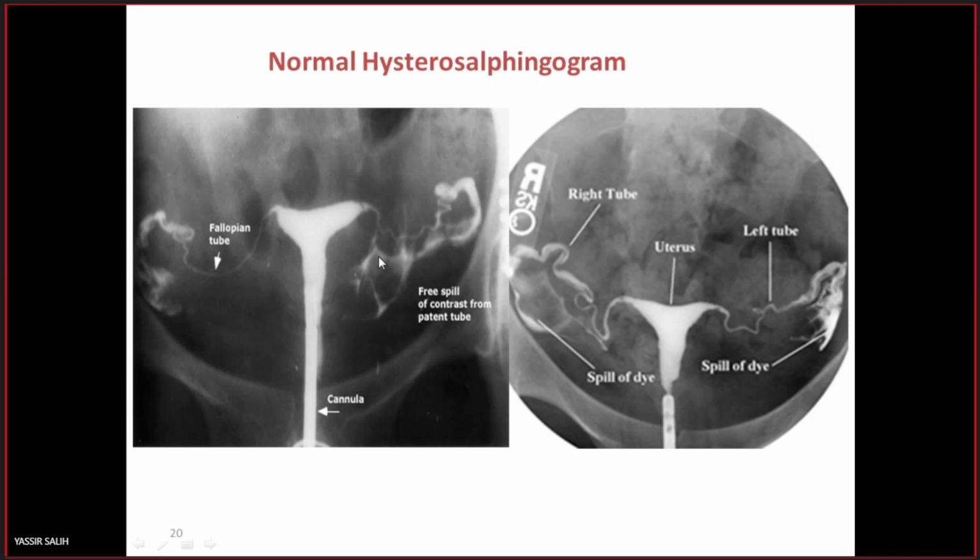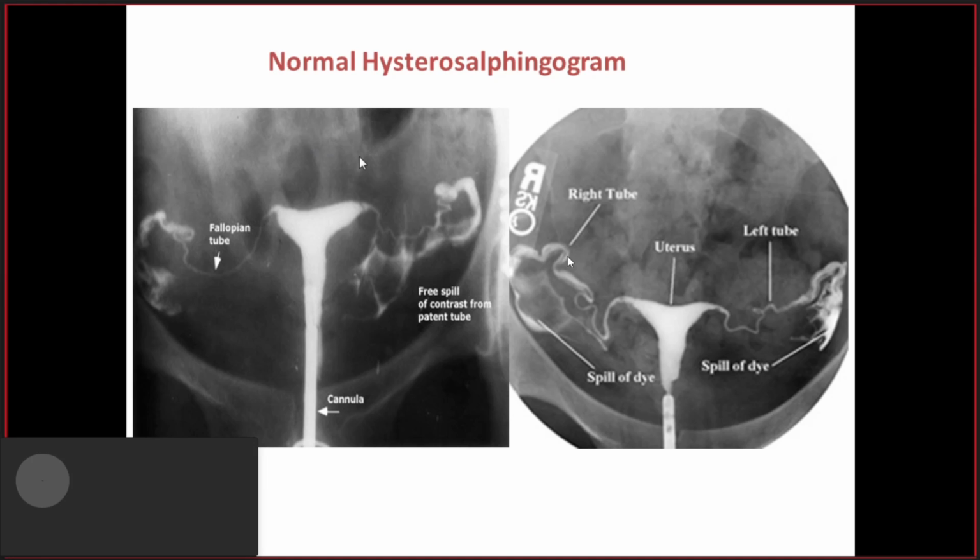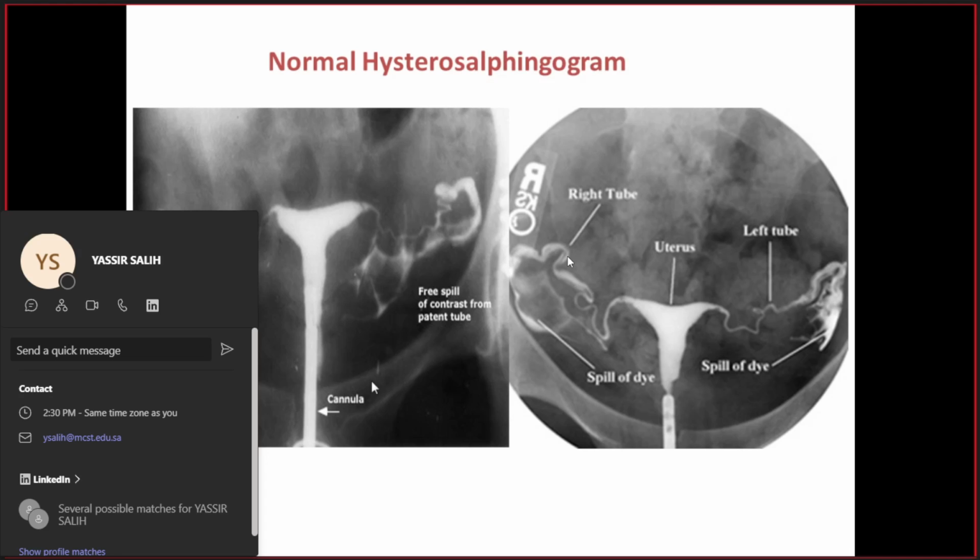So what is this imaging technique or imaging study? Any volunteer?